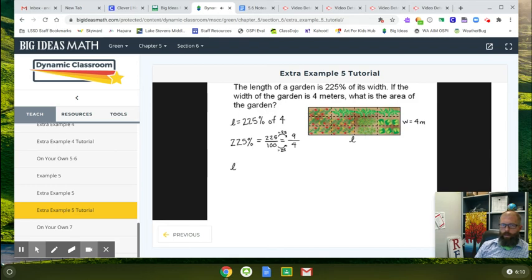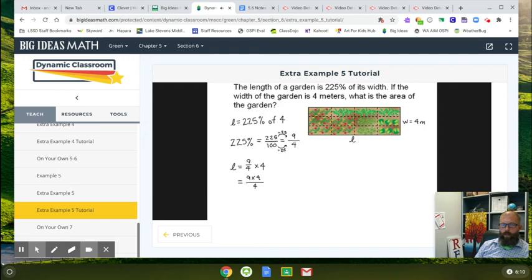To find the length, we will multiply 9/4 times 4. To multiply a fraction by a whole number, we multiply the numerator 9 times the whole number 4 and write this product over the denominator of the fraction, which is 4.